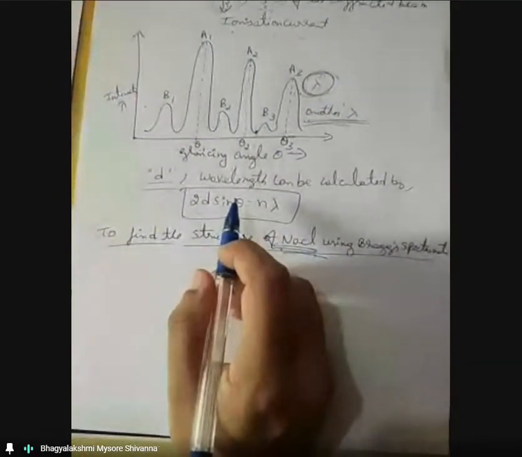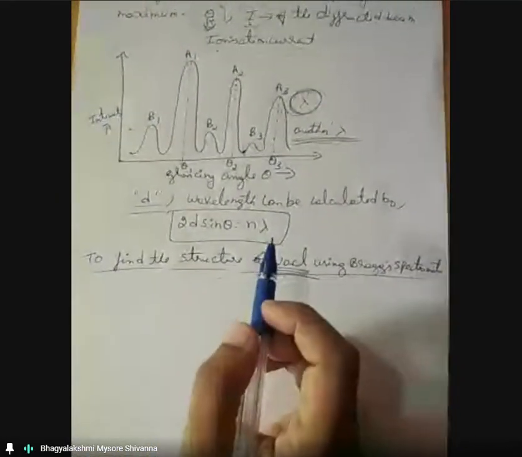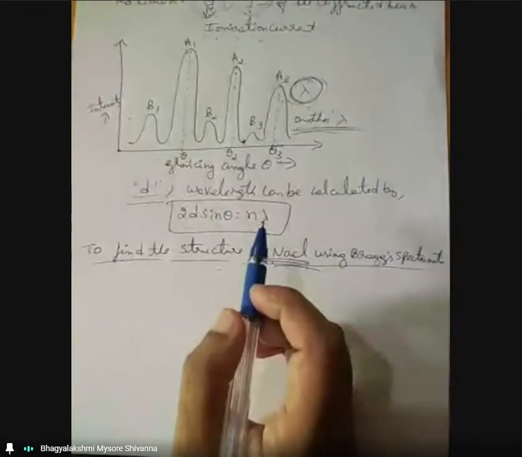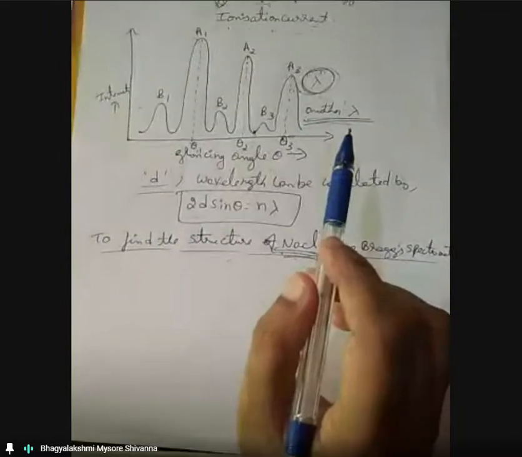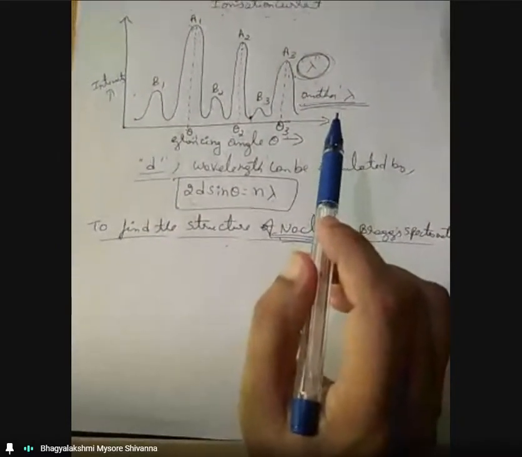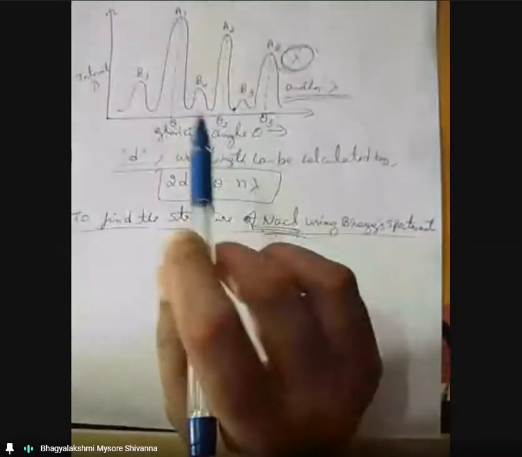We already know from the working that the glancing angle theta of the incident beam is kept very small and the ionization chamber is adjusted to receive the reflected beam. We already know the construction and working of the X-ray spectrometer.